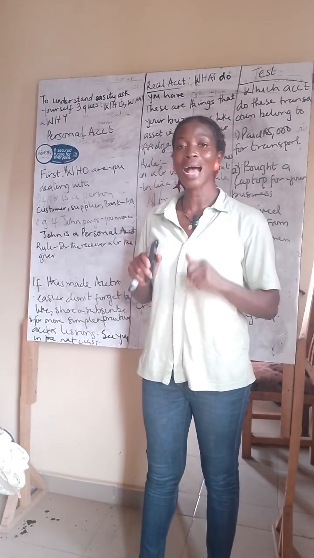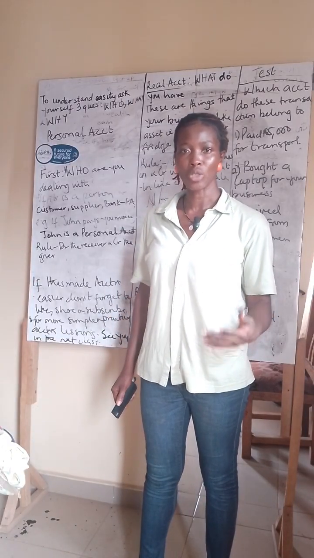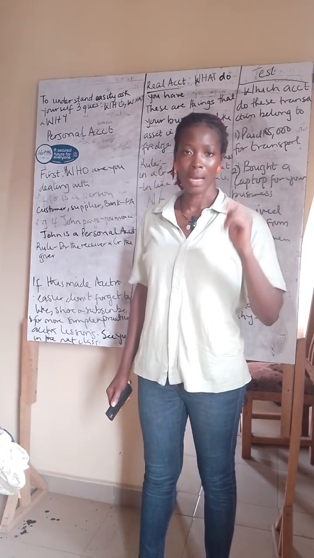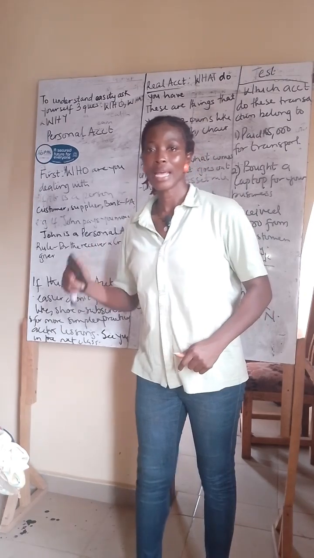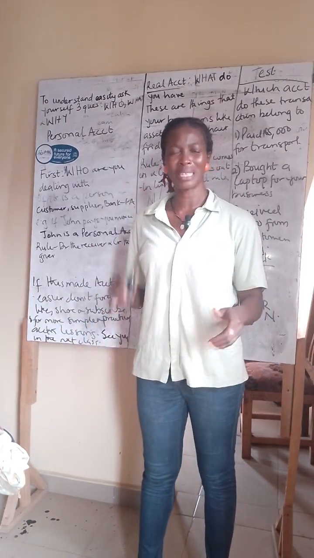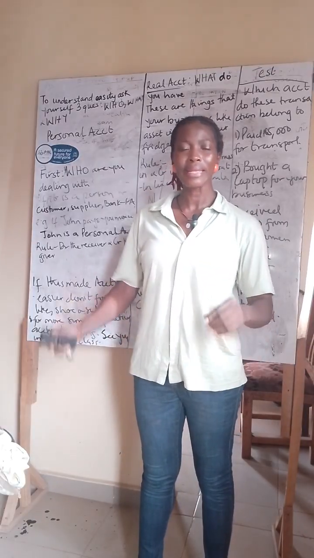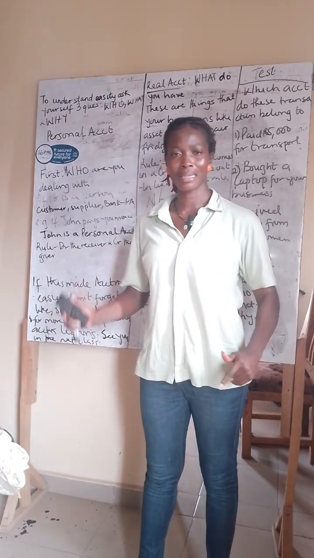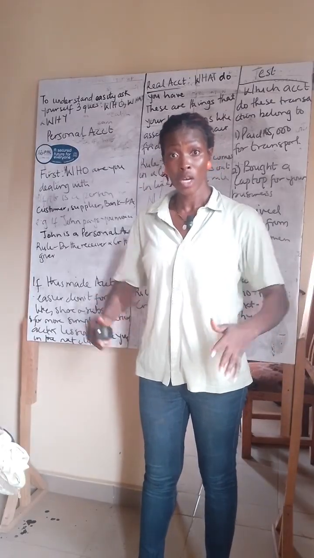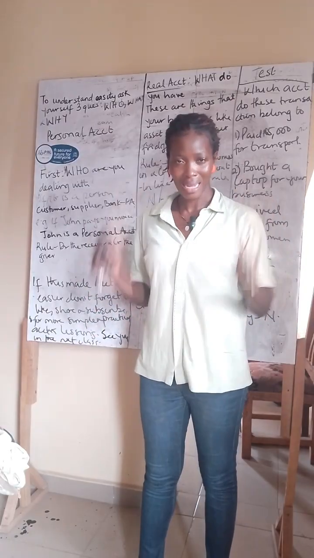So the question you should ask yourself is, why am I incurring this money? Now, if it's an expense, you know that it's because you want to pay salary, I want to pay rent. That is a nominal account. Anything that has to do with expense, salary, transport, you're expending money solely for the business, those will fall under your nominal account.